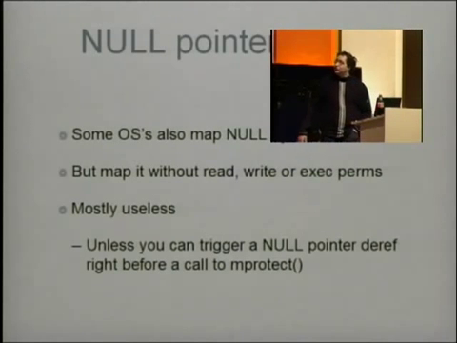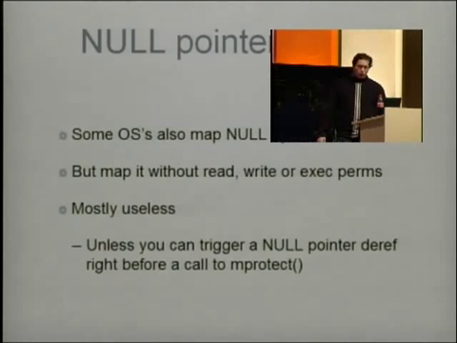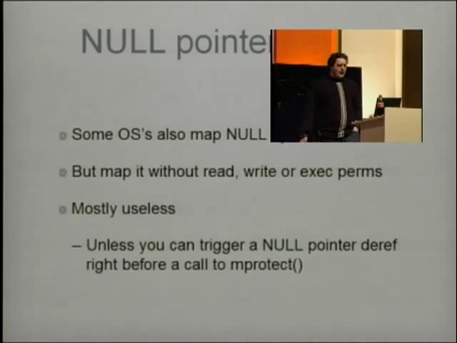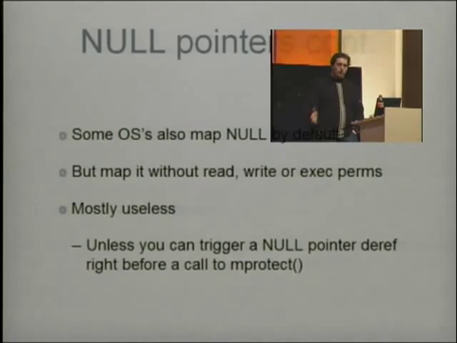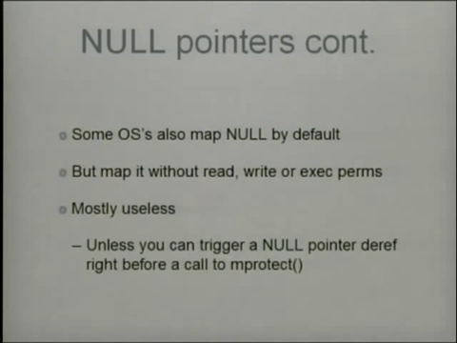Right. So the last piece of null pointer references. Some operating systems also map the null page by default, but they don't allow you to read it or write it or execute it. So it's pretty much just there because they want it mapped, I guess. I don't know why. But it's useless to us because we can't touch it. It's there, but we can't touch it.